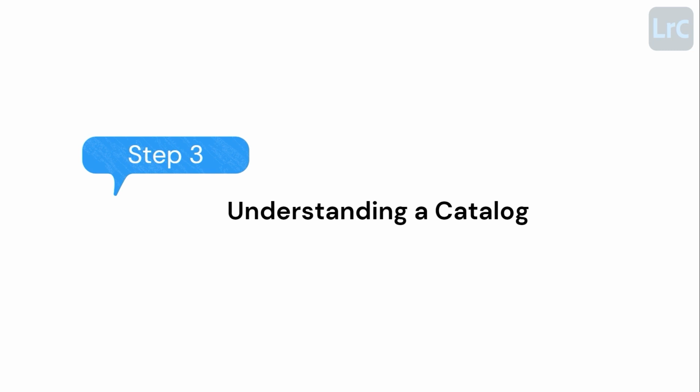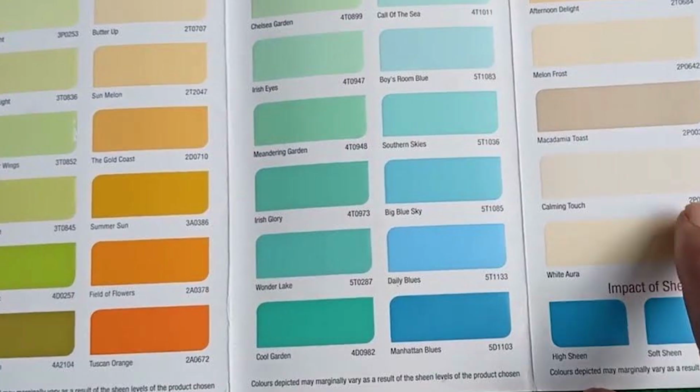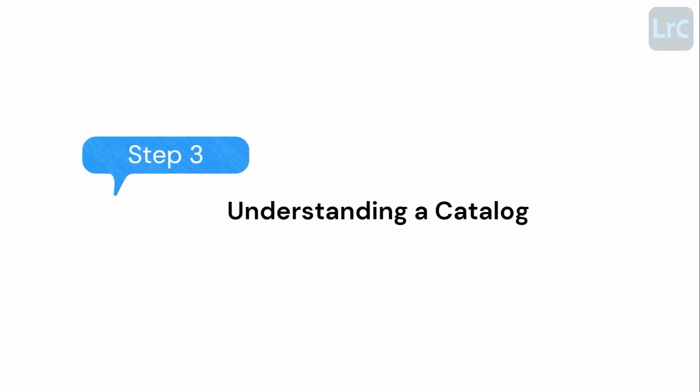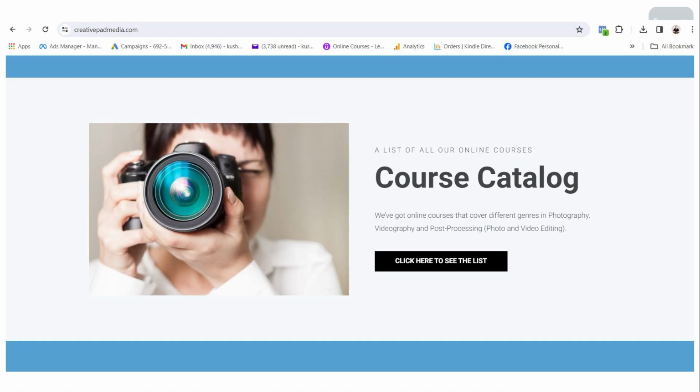So if you go, for example, to a shop and you want your house to be painted, don't you sometimes ask them, can you show us your catalog of colors? Another example is my website, creativepadmedia.com, where it's all about creating online courses like the one that you're doing.